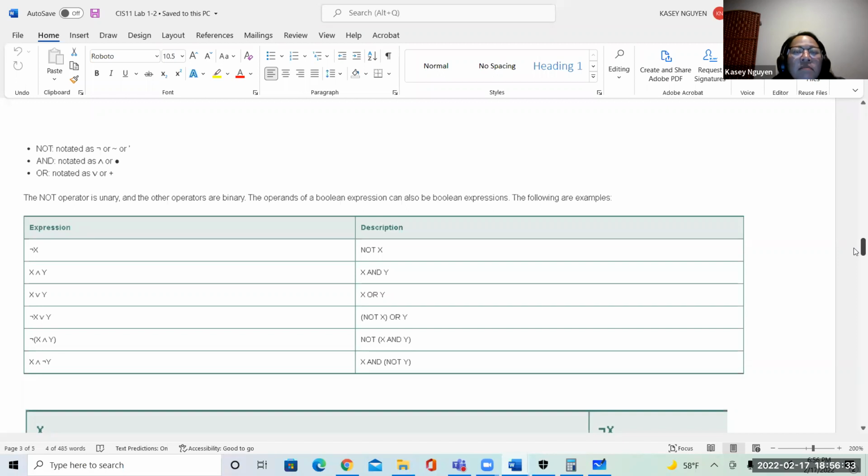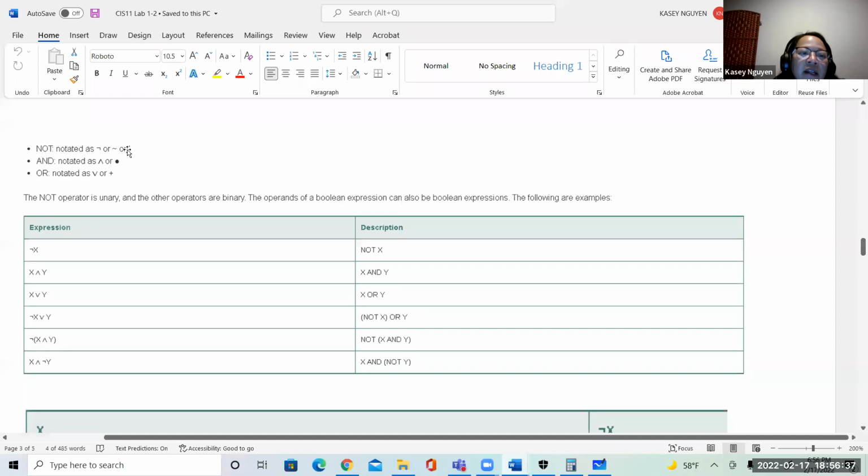multiple operators combined. So earlier we talked about having the not operator, right? It's a unary operator, and sometimes you would see it looks like a minus sign with the drop down angle, or they would use the tilde, which is the wiggly sign. Sometimes you see it written that way.